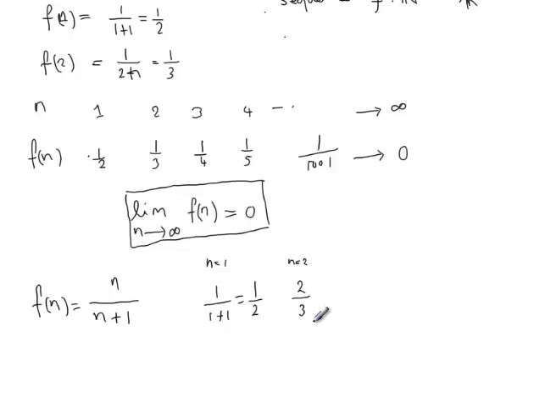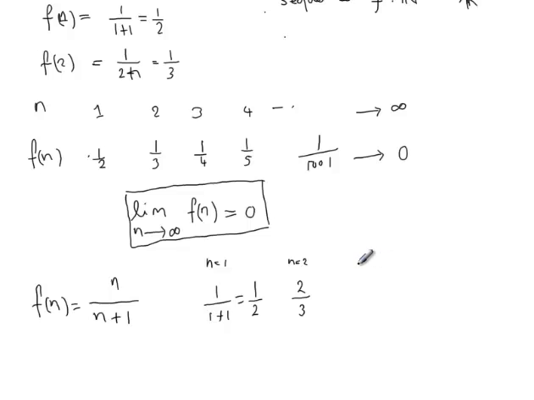Is the function going up or is it going down? In that case, it was decreasing. Now, is it going up or is it going down? You just have to check, is 1/2 less than 2/3 or is 2/3 less than 1/2? What's happening? 2/3 is greater than half. So the function is growing.